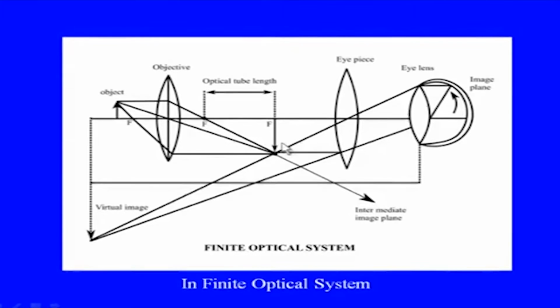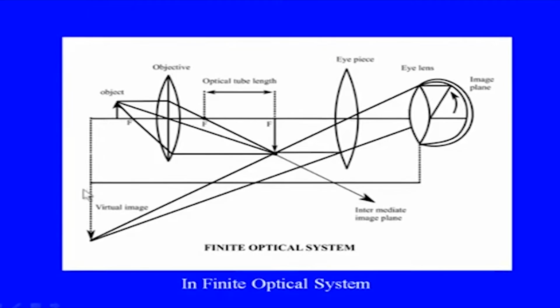Now, this acts as an object for the eyepiece, and the eyepiece makes a virtual erect image on the same side of the lens. This image is formed at 25 centimeter or 250 millimeter from the eye lens, which is a relaxed position for the eyes to view objects.